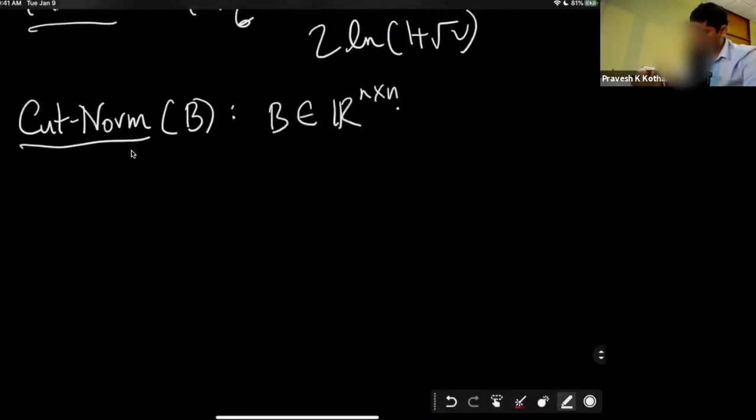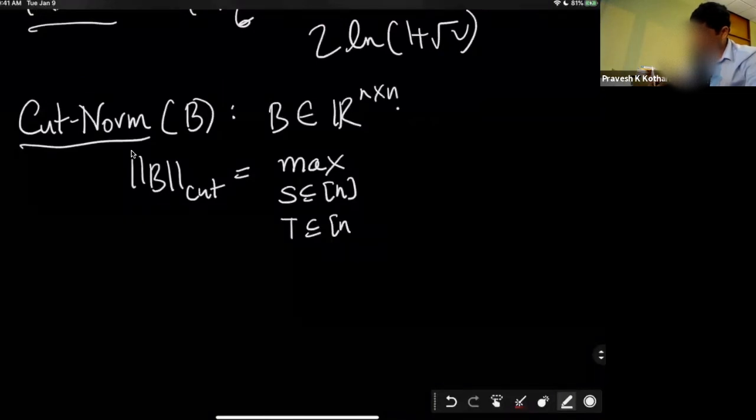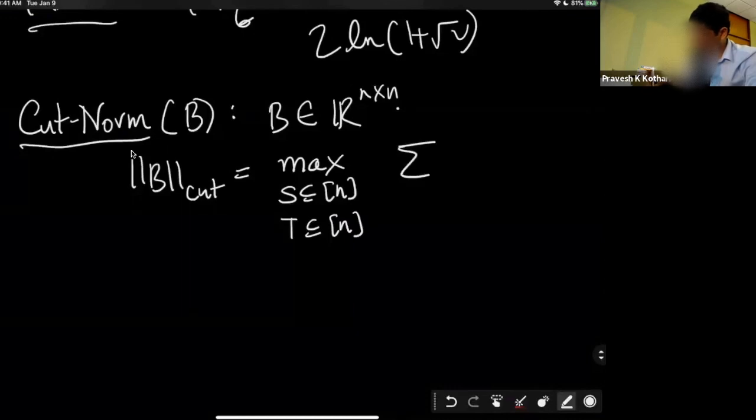Then the cut norm of B, let's call it B cut, is the maximum over all choices of subsets S and T of the sum over I in S, J in T of B I J.